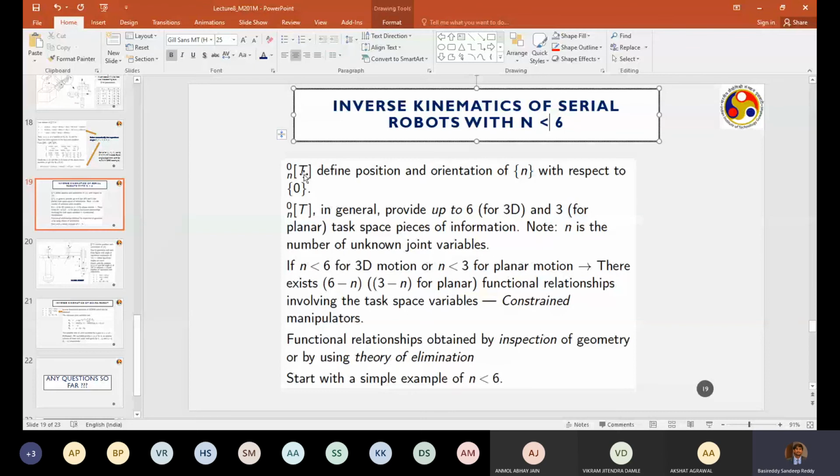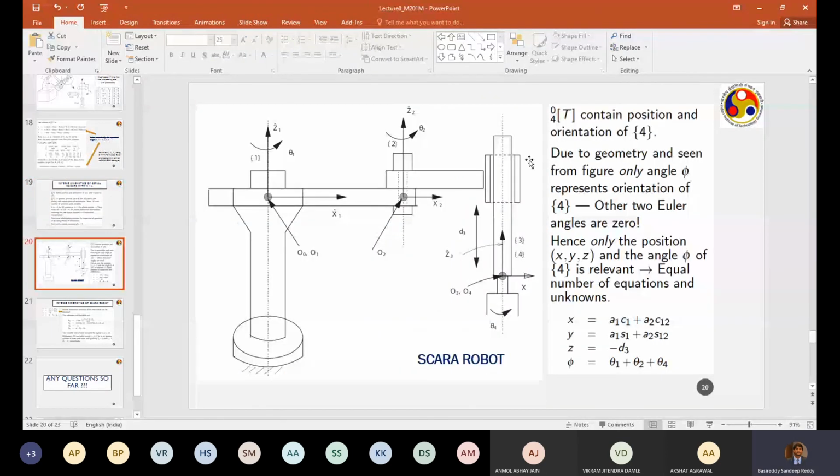So I'll take a couple of minutes to give a small example of this. Just take the SCARA robot. We already know how to calculate the transformation. Now due to the geometry, you can see from the figure that only angle phi represents the orientation of frame 4.